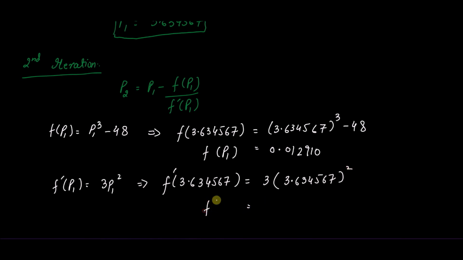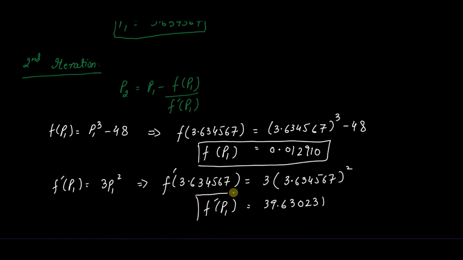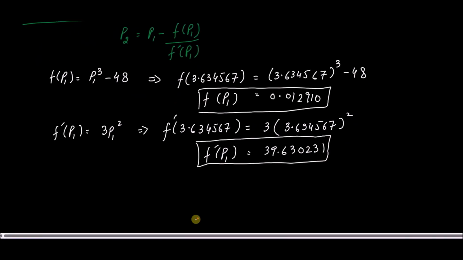After solving, we will get 39.630231. Now we need to substitute f of P1 and f prime of P1 back into the formula at their respective places in order to find out the value of P2.